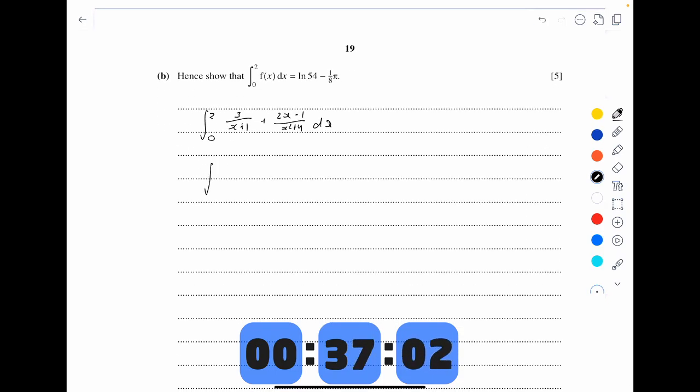So what does that mean? Well, we can split that up. Now that we've split that up, in fact we can go even further.